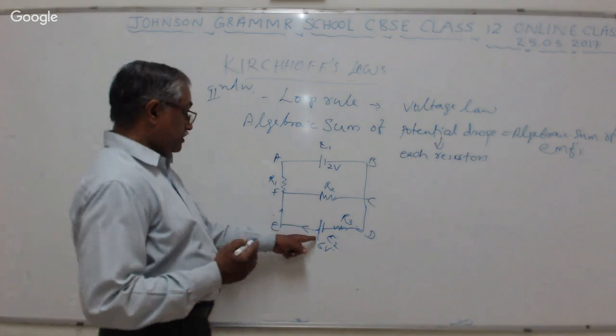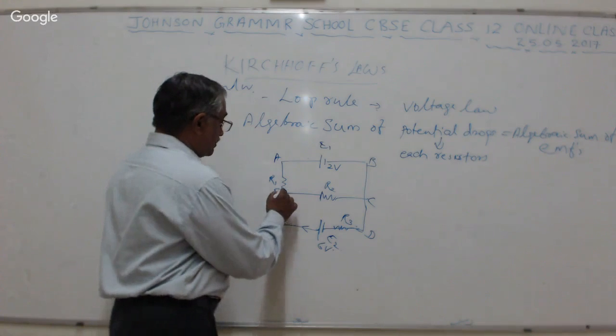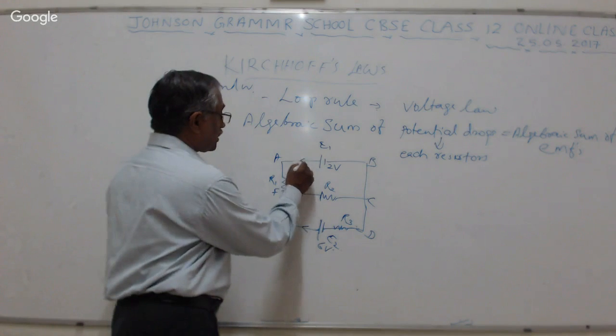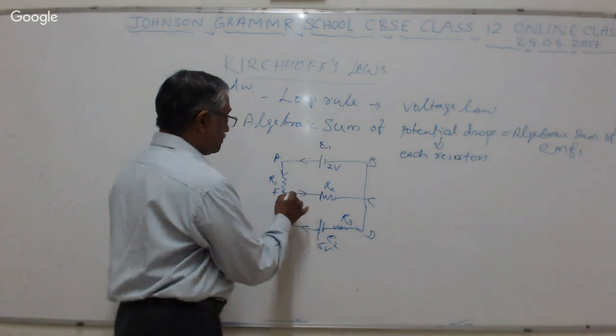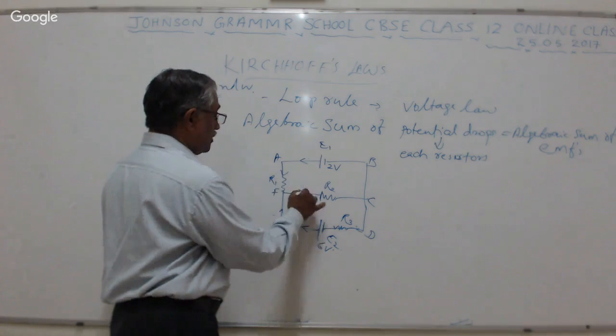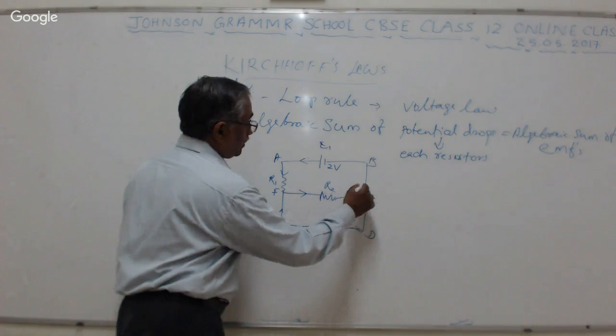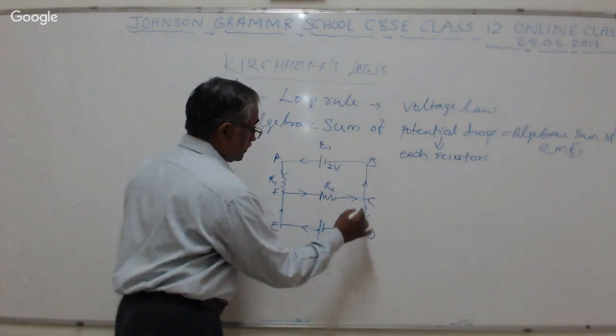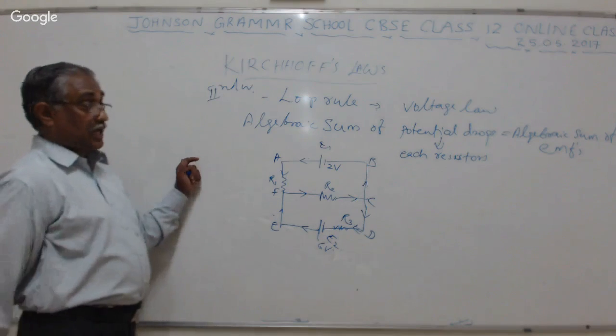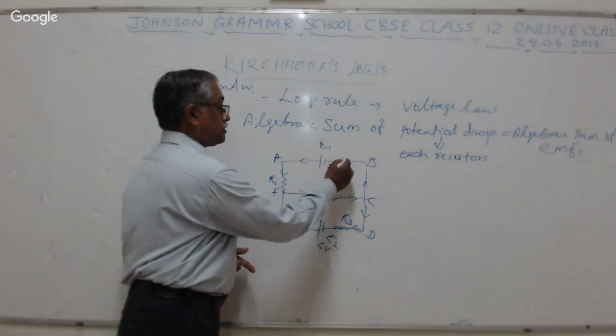Right. So the 6 volt cell is providing current, and from this junction the current is coming both here and here; the current goes this way and this way. So assigning direction is also important.